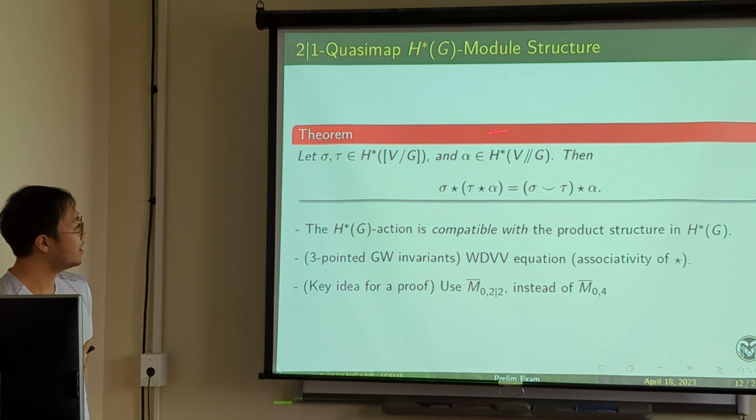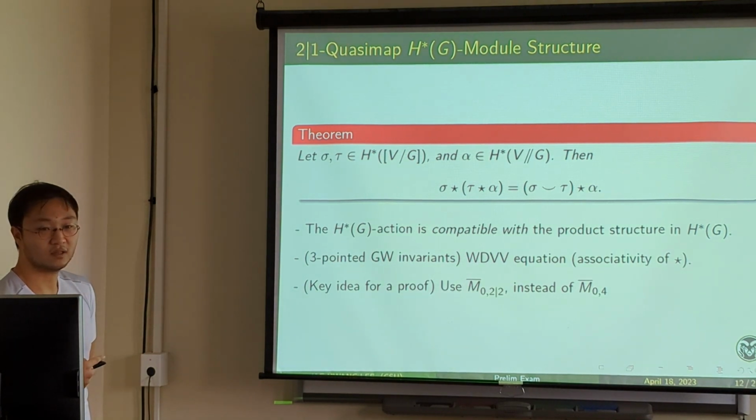And a key idea for the proof of this is that if you fully expand this equation, the left-hand side and the right-hand side, in the GW invariant case, there are going to be 4 markings, so if you forget all the structure except the pointed source curve, that's going to land on M-bar 0,4.